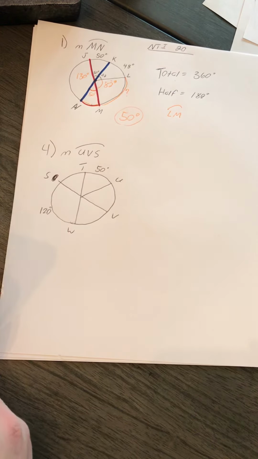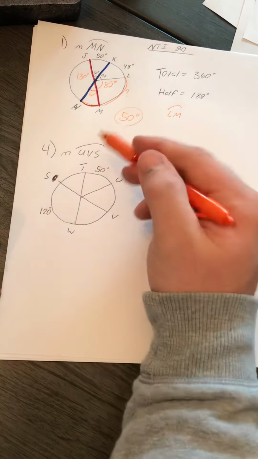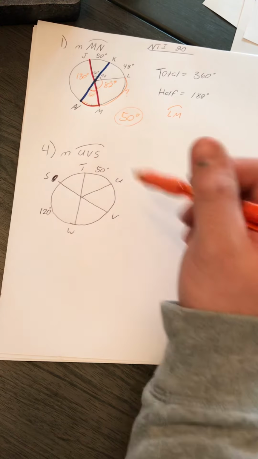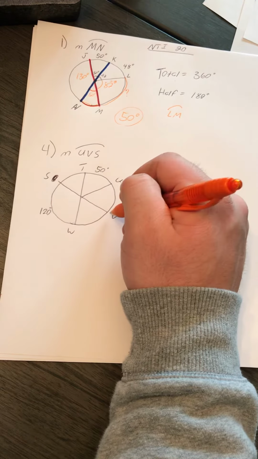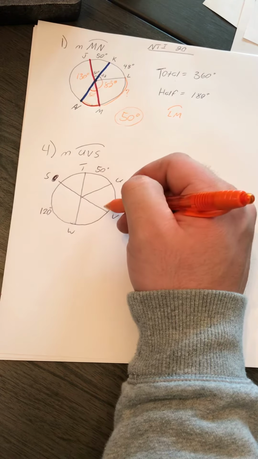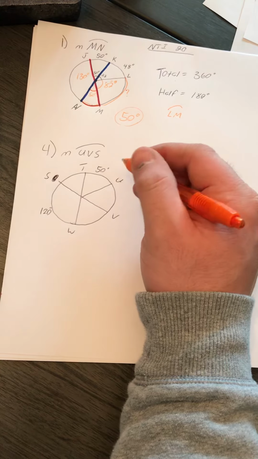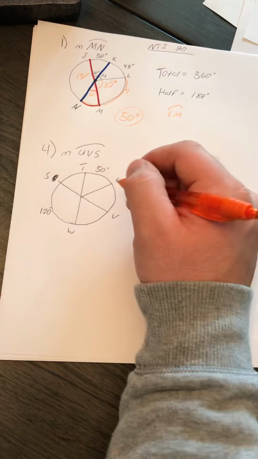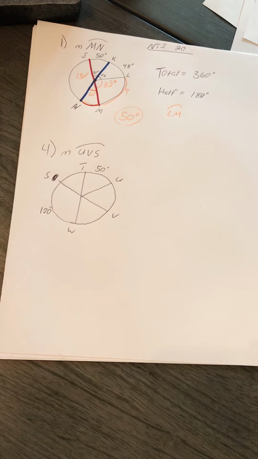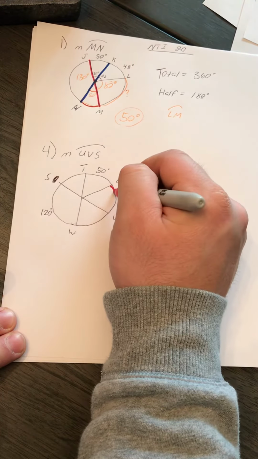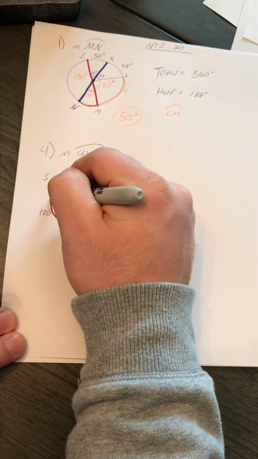The measure of the arc UVS. Make sure that's right. This is number 4. I didn't draw it great, but it's right. So UVS, it's asking for this part right here. We've got to do a couple of different things to find that.